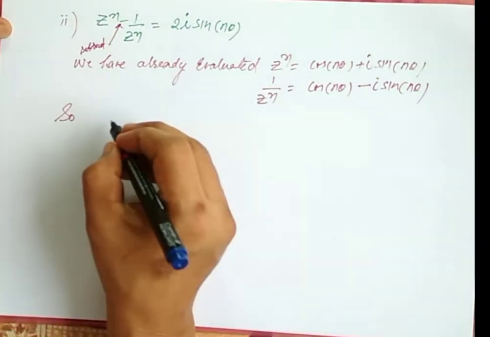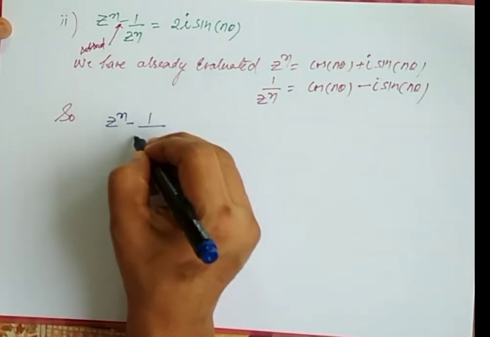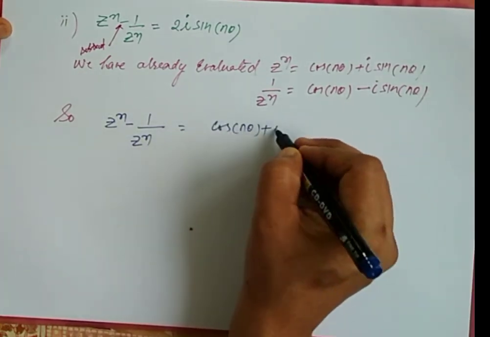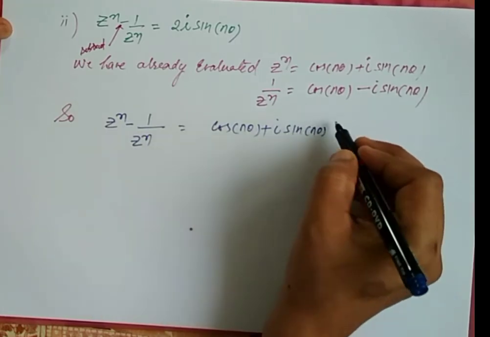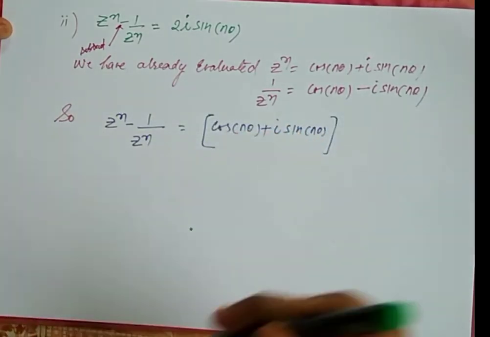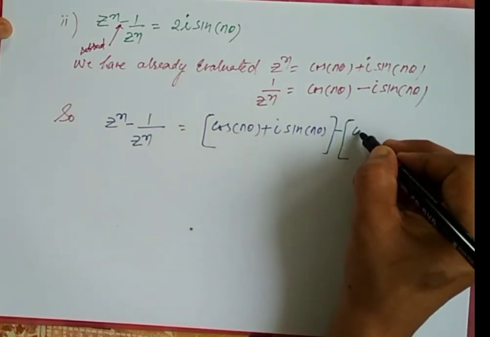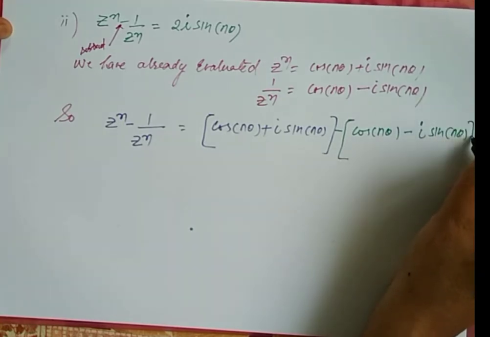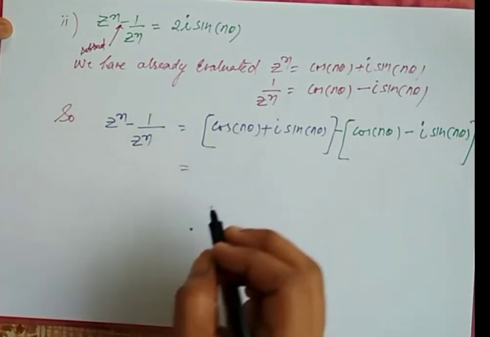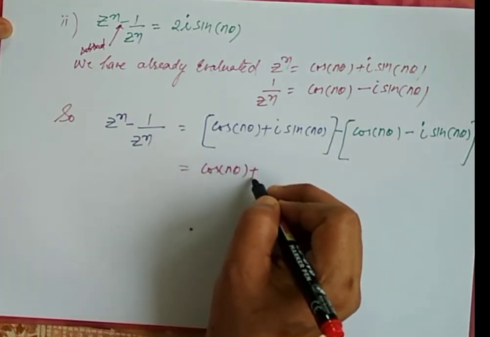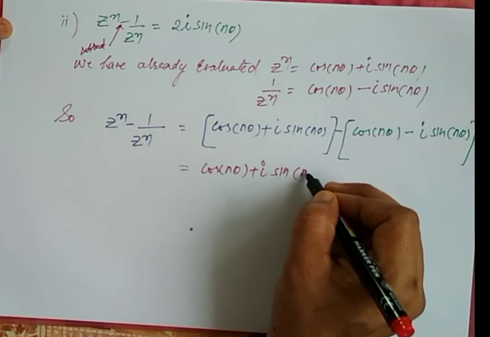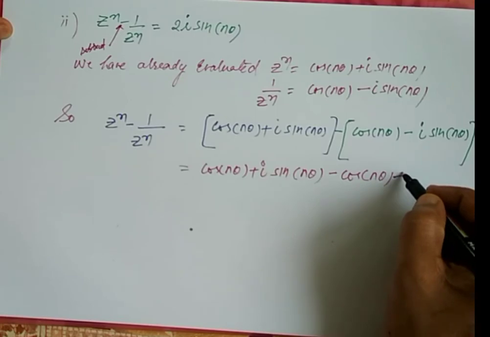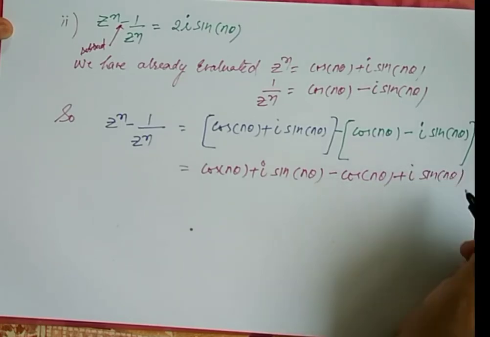So z raised to power n minus 1 upon z raised to power n is equal to cos of n theta plus i sin of n theta minus (cos of n theta minus i sin of n theta), which is equal to cos of n theta plus i sin of n theta minus cos of n theta, because here the minus sign will change, plus i sin of n theta.